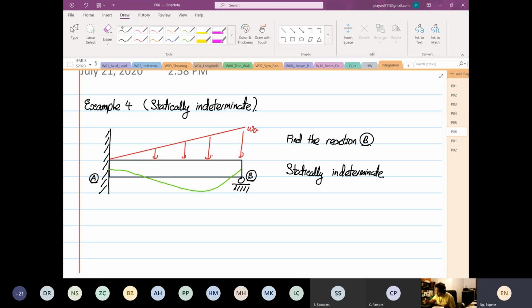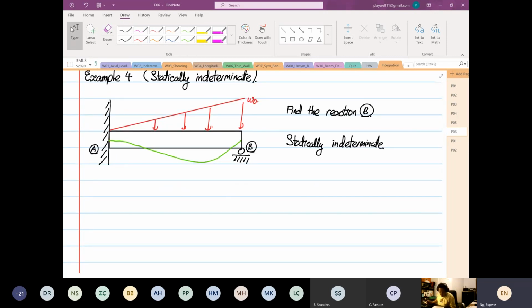So now we have x equal to 0 and x equal to L. So this is V, M, theta, y. Now you understand why I make you memorize V, M, theta, y, right? V you integrate, you get M; you integrate with the elastic curve, you get theta; you integrate, you get y.